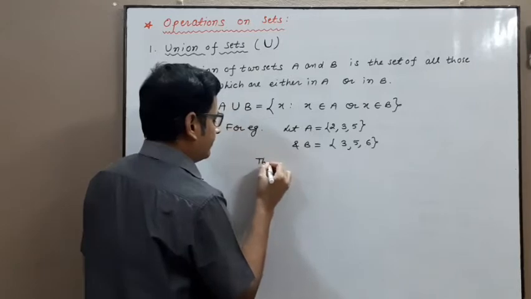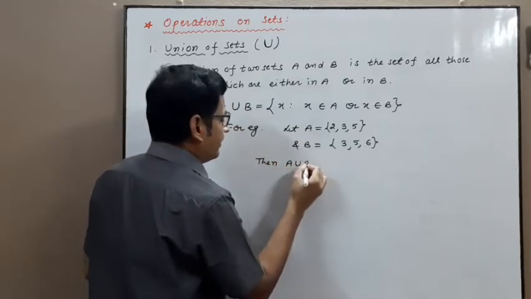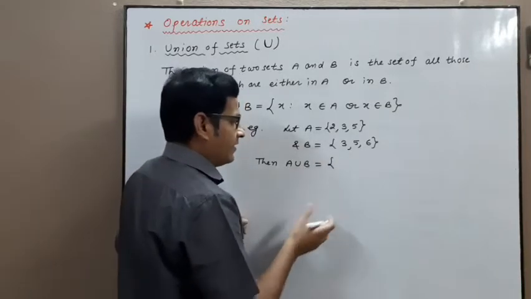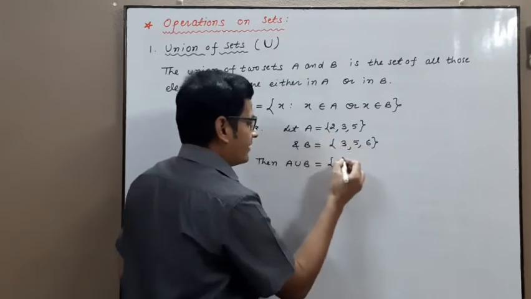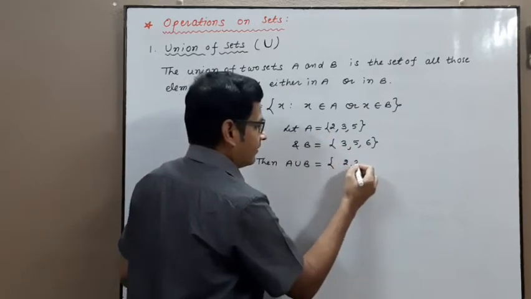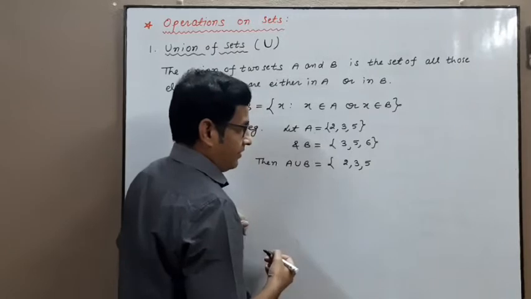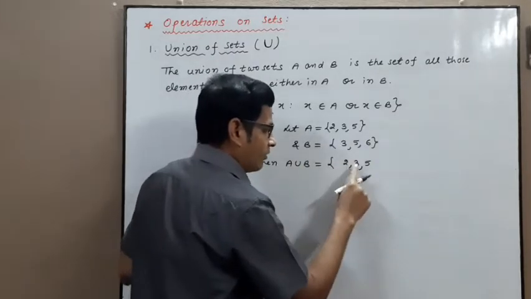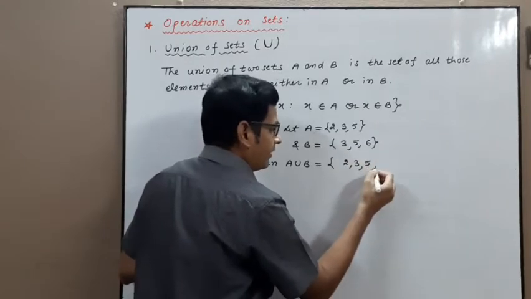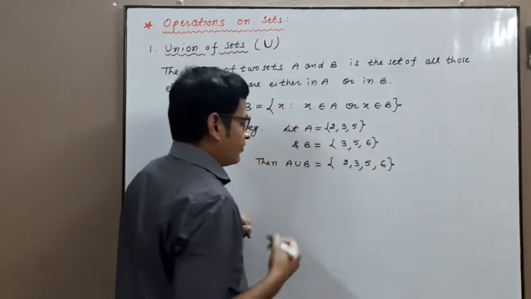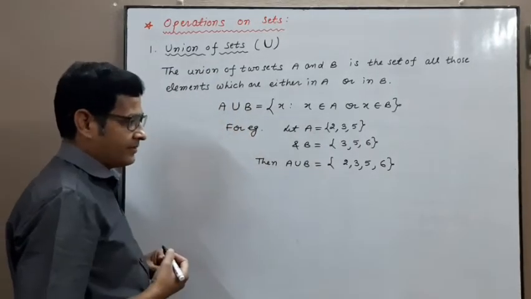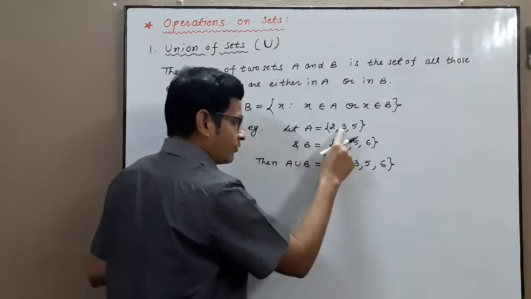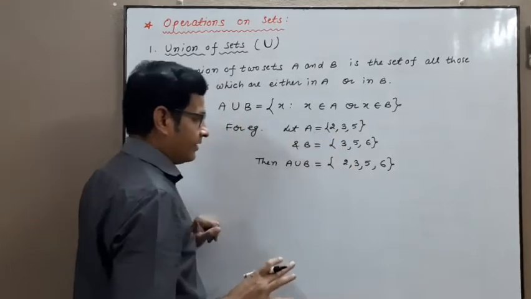Then A union B is a set of all those elements either in A or in B. So first write all the elements of set A: 2, 3, 5. Now write all the elements of set B which are different. 3 already written, 5 already written, and now write 6. So A union B is {2, 3, 5, 6}. 2 belongs to A or B, so 2 belongs to A union B. 3 belongs to A or B, so 3 belongs to A union B.